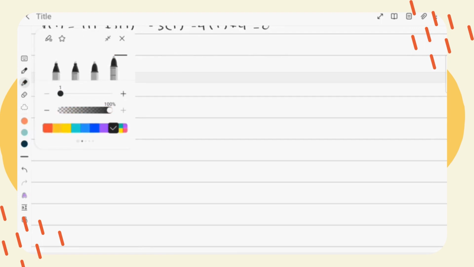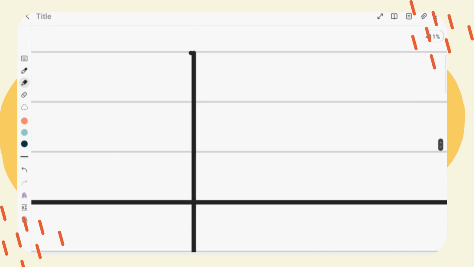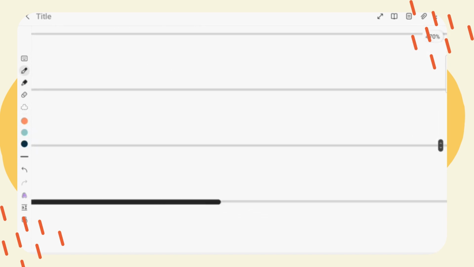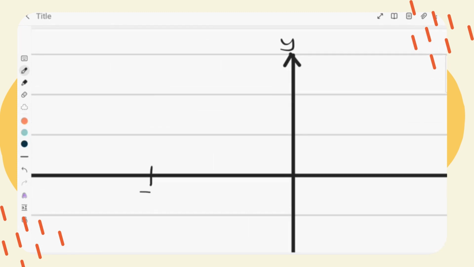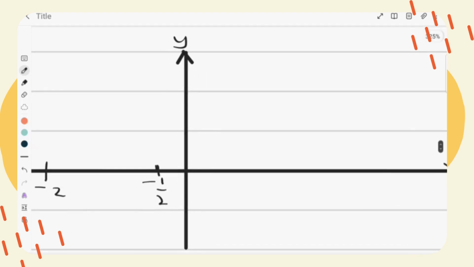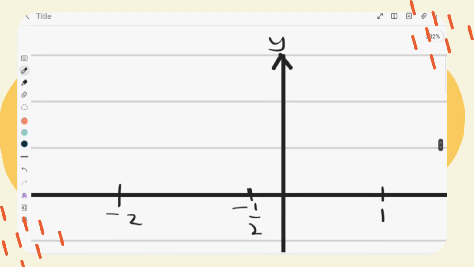Okay, we draw the y axis and x axis first. So we have -2, we have negative half, and then we have 1.